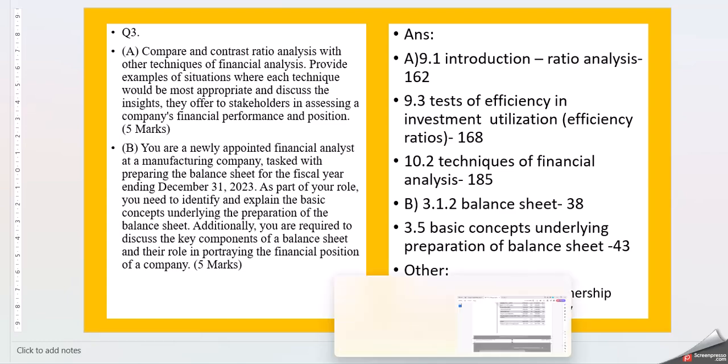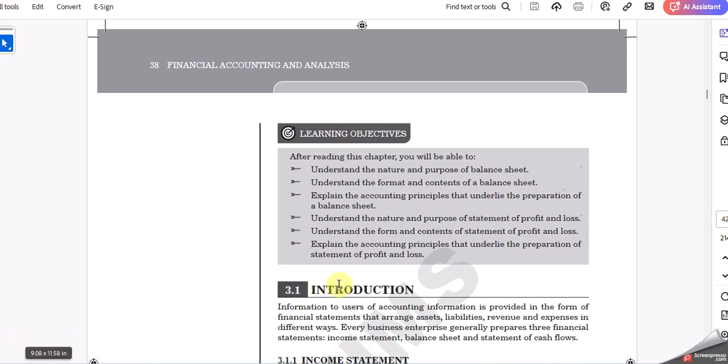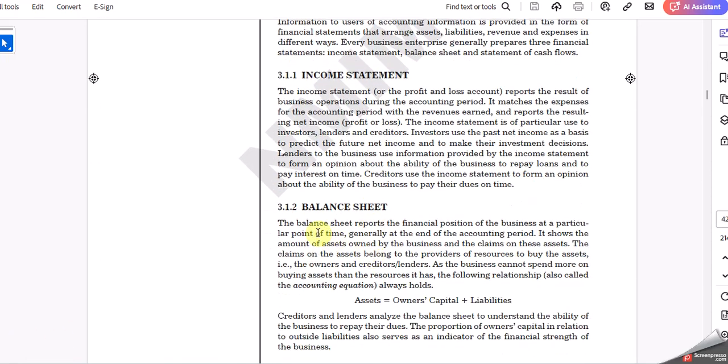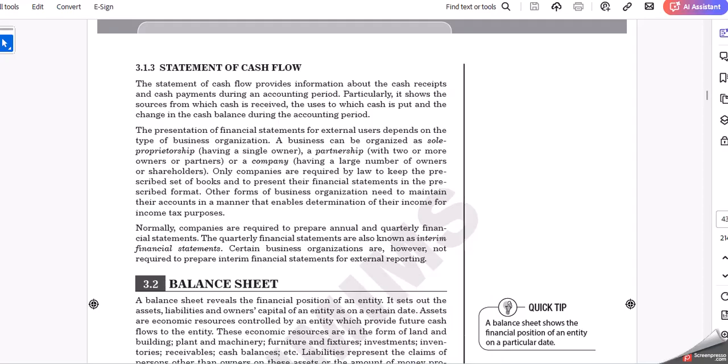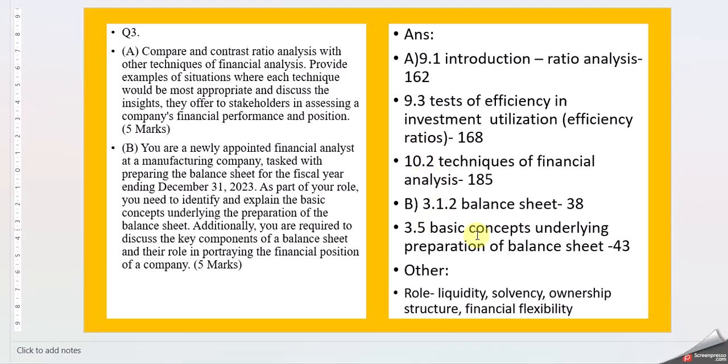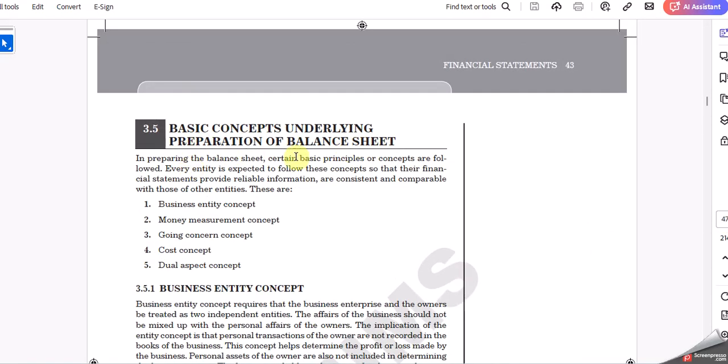Moving to the balance sheet, we go back to chapter 3, page number 38, that means 42. Here comes a brief explanation about the balance sheet, and the basics have to be explained. 43 means 47, basic concepts underlying preparation of balance sheet, so you can explain this.